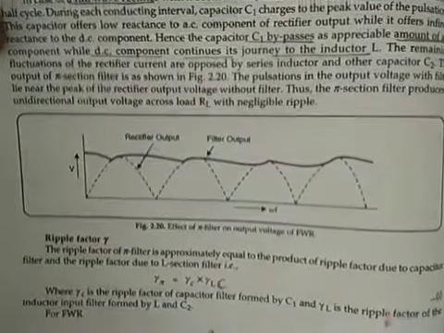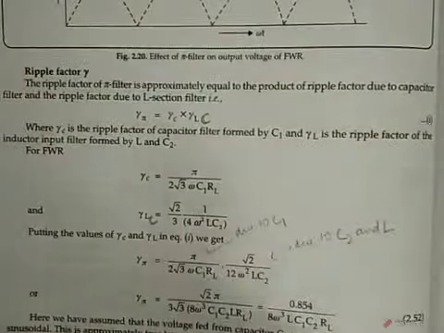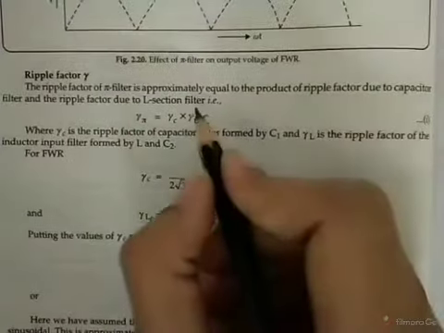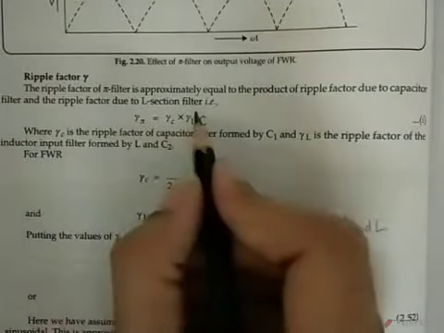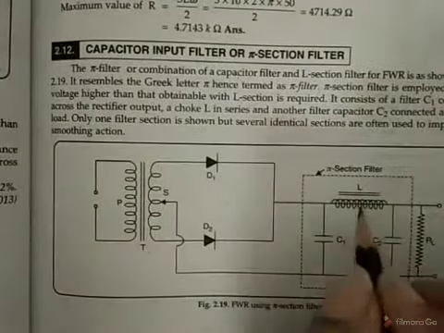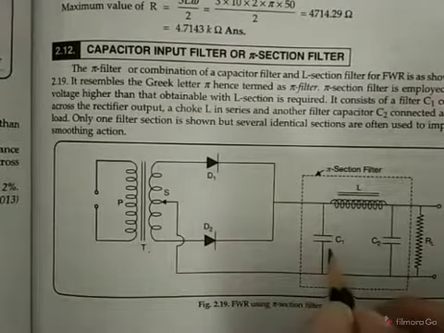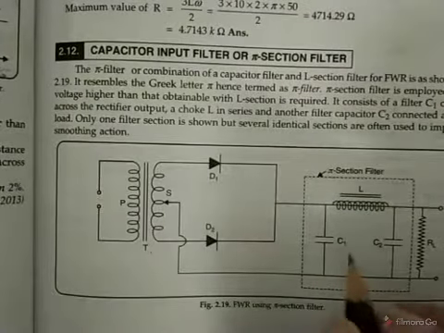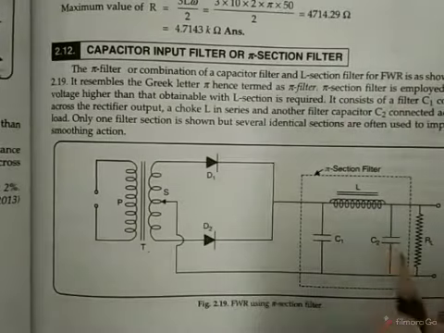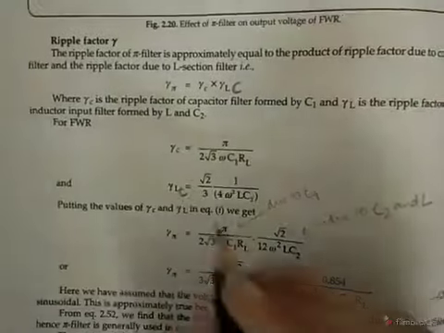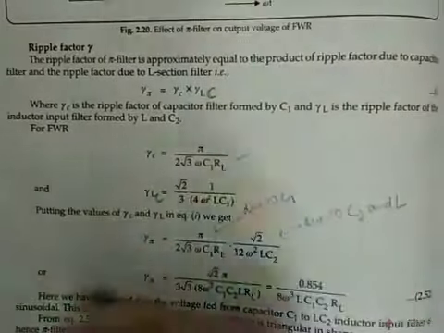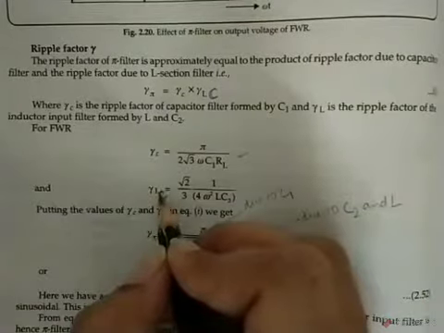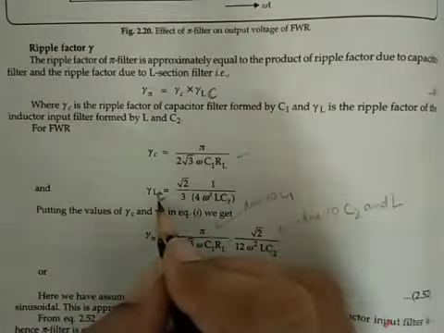Next we are calculating the ripple factor gamma. The ripple factor is equal to the product of the ripple factor due to the capacitor filter and that due to the LC filter. The ripple factor of the capacitor filter is this expression, which we have studied earlier, and this is the ripple factor of the LC filter.